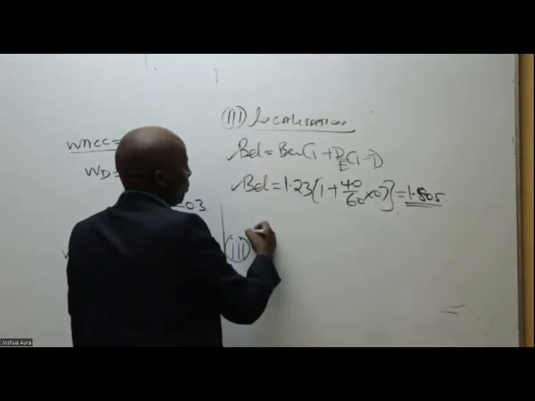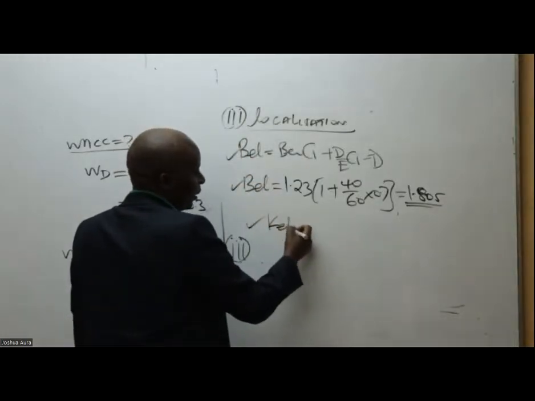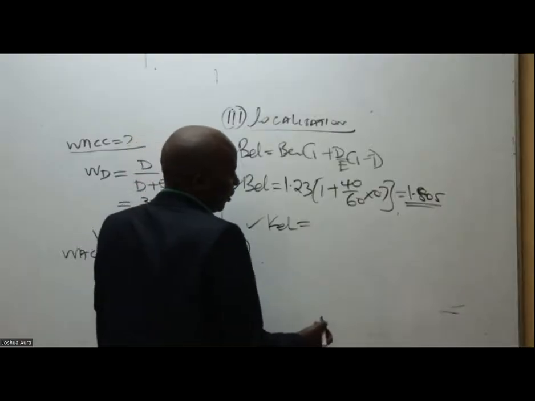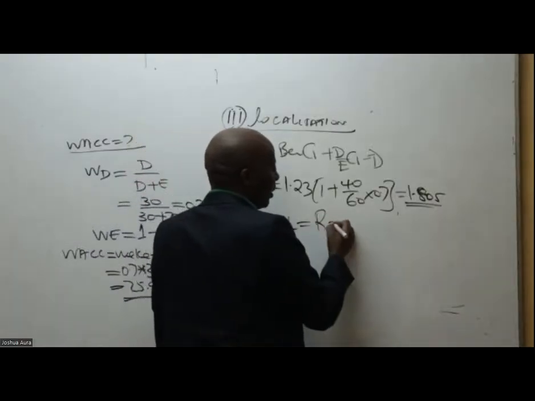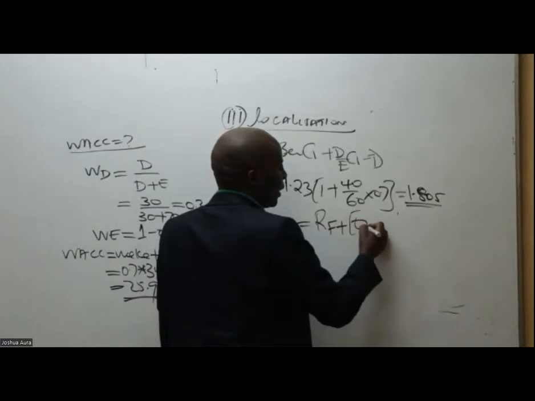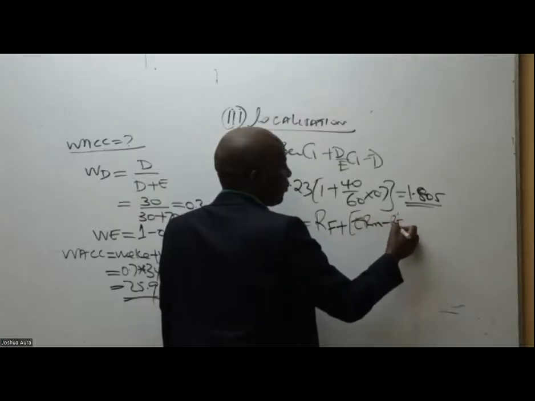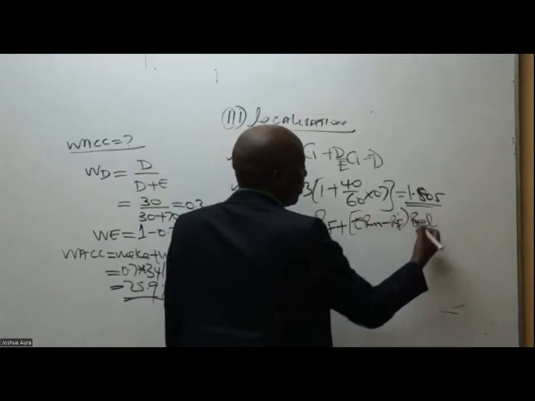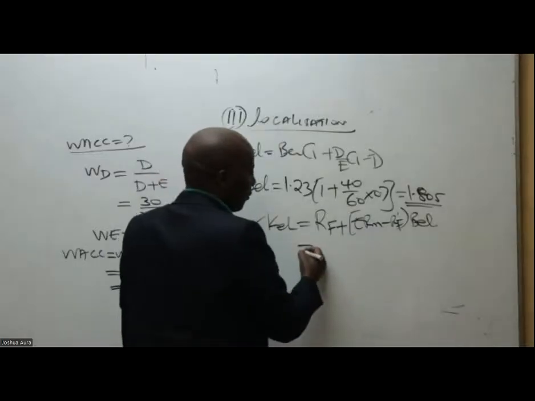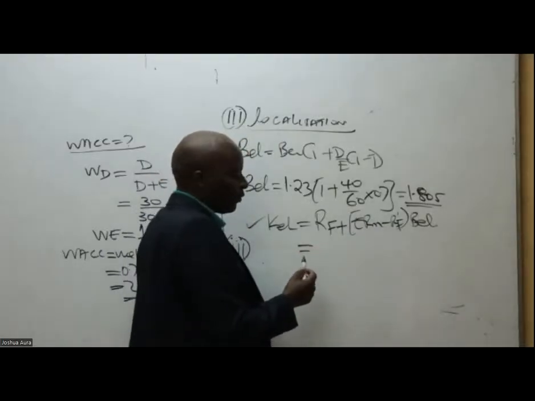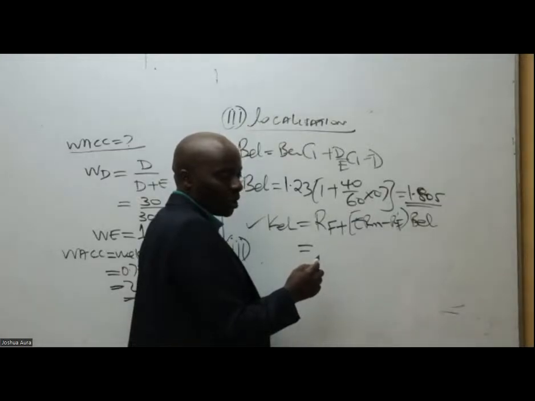Ladies and gentlemen, I'll be able to move to the next thing, which is the CAL for the organization. So CAL, I'm using CAPM. It is risk-free plus returns of the market minus risk-free multiplied by the BEL of the organization. Risk-free is what percentage?